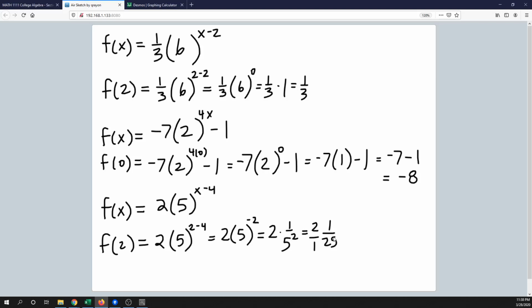And so then we need to multiply 1/25 times 2. Remember, you can always change the 2 to a fraction, and then just multiply the tops and the bottoms there. So you get 2 over 25.